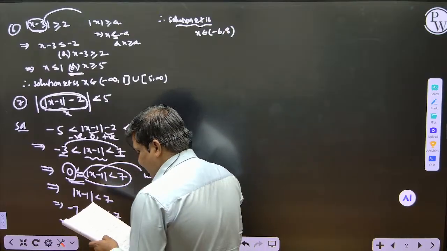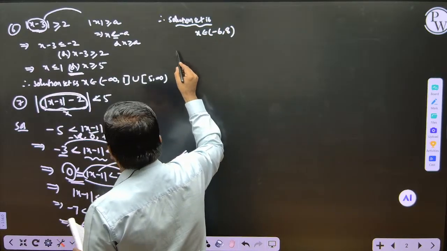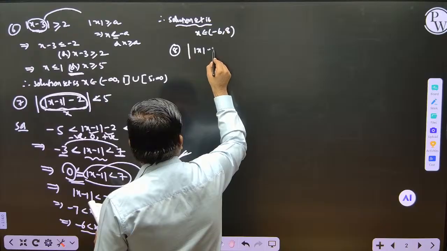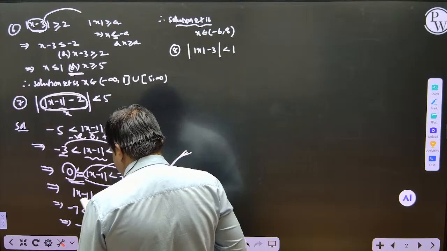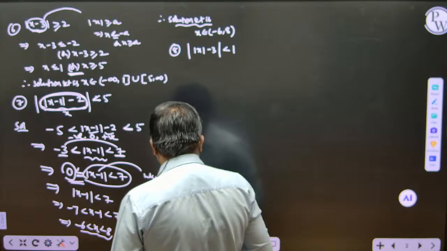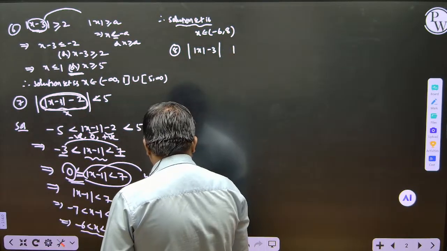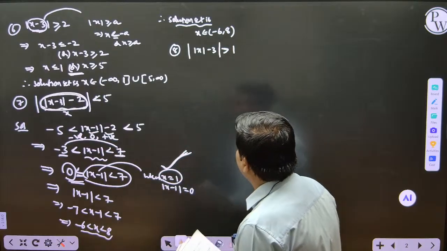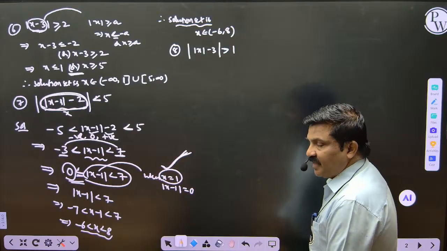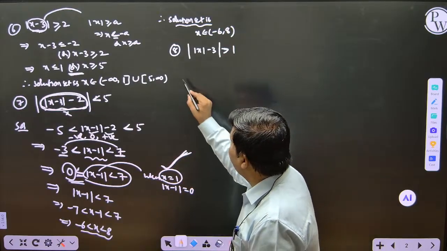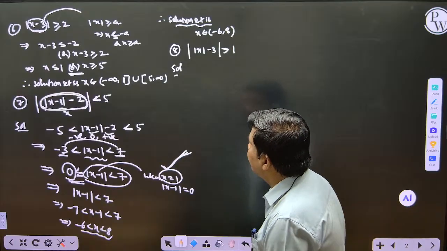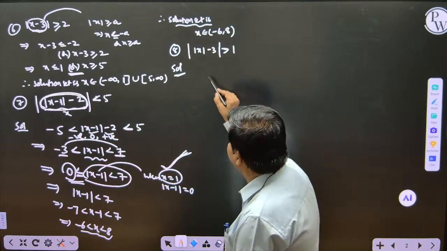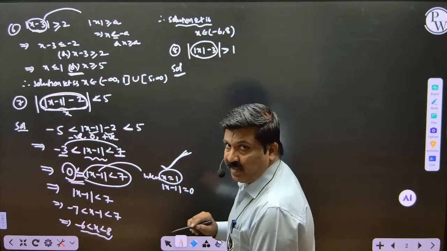Next, similarly look here. Modulus of mod x minus 3 less than 1. Sorry, mod x minus 3 greater than 1. Again you consider this total as x.